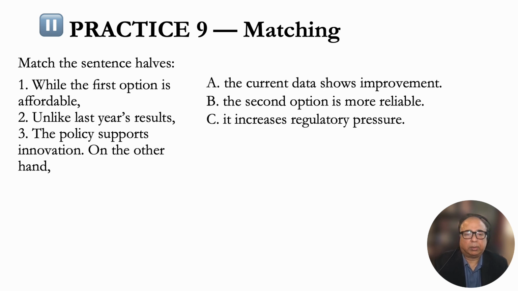You see the pause button there. Pause it, and we'll go over the answers. Shall we? Look at the answers now. Okay, here. 1 is B, 2 is A, and 3 is C.